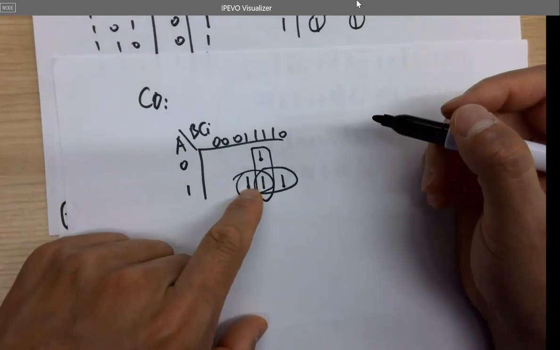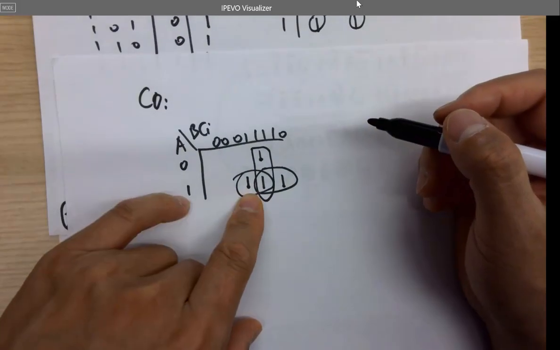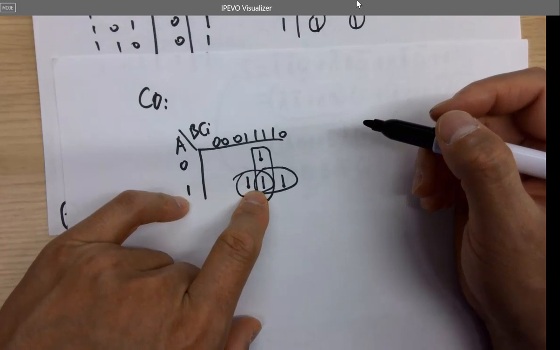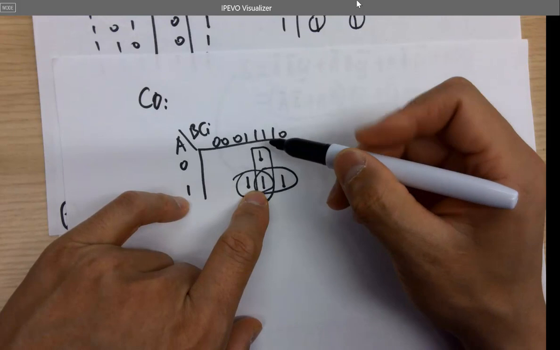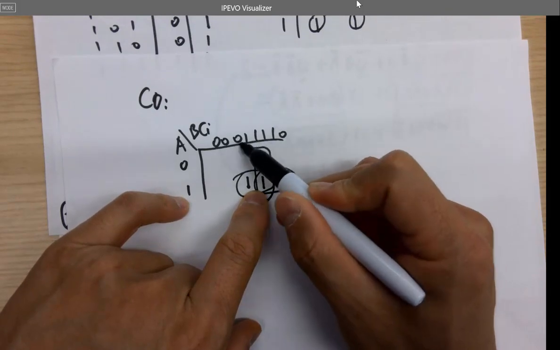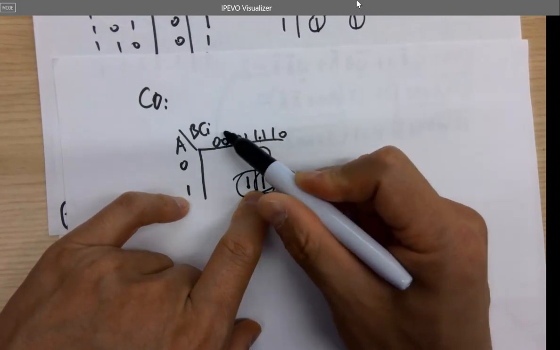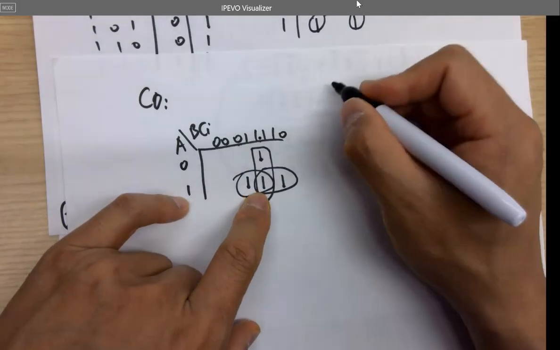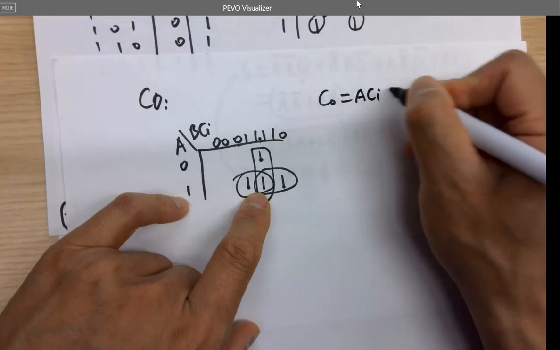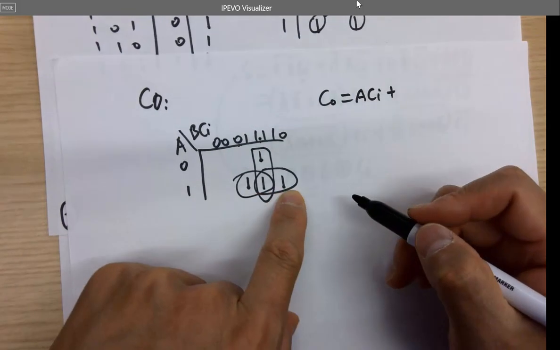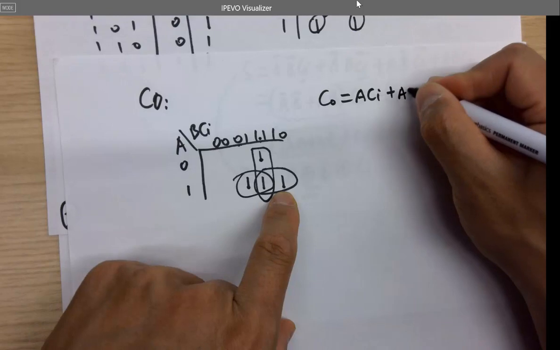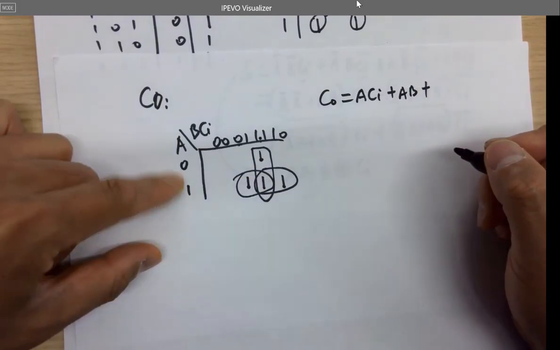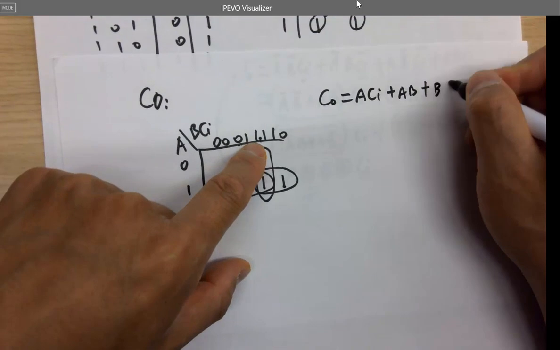Okay, so for these two, A is 1, so it's not being flipped. So you only cancel the one where the bit is getting flipped, which is this guy, right? So for CI, the position is always 1. So the first one is ACI, and here the second one is AB. And for these two, A is getting flipped, so A is canceled. So it becomes BCI.